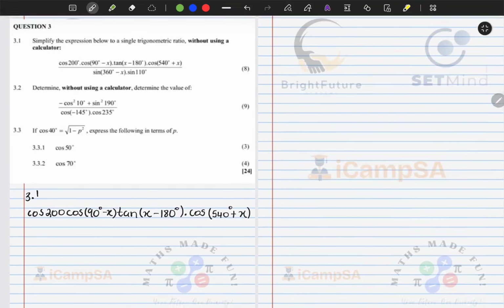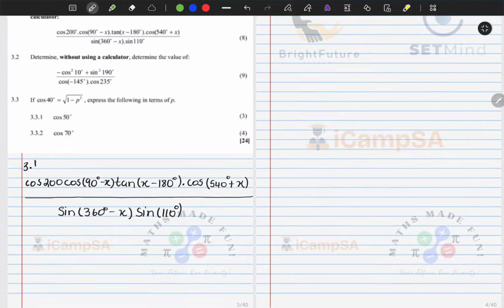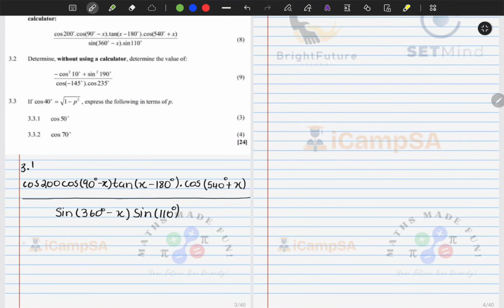All of this is divided by sine of 360 minus x, multiplied by sine of 110 degrees. So let's go ahead and deal with this.